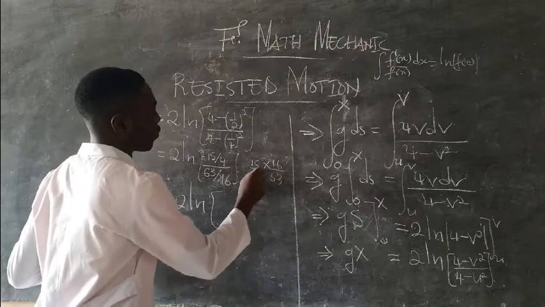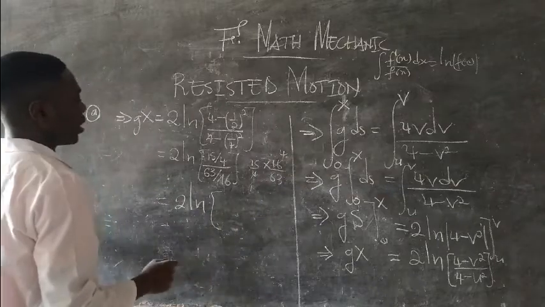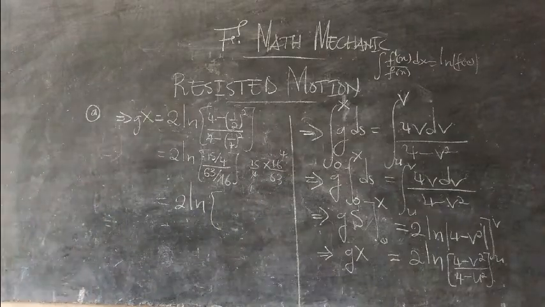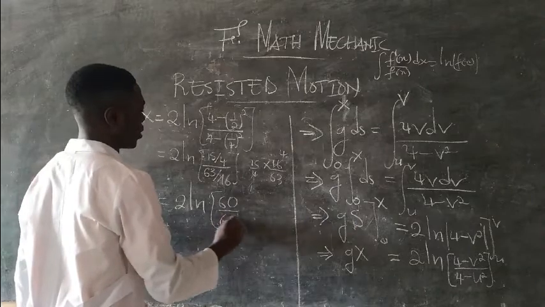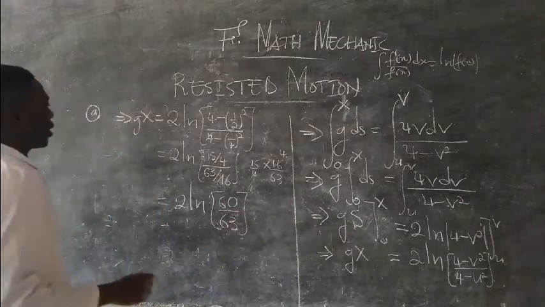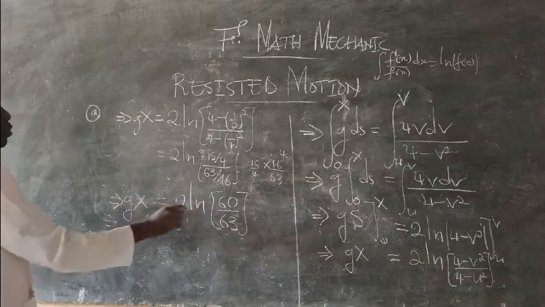Okay, so 4 takes care of 1 time and takes care here 4 times. So 4 times 15 is going to give me 60. Okay, so that gives me 60/63.